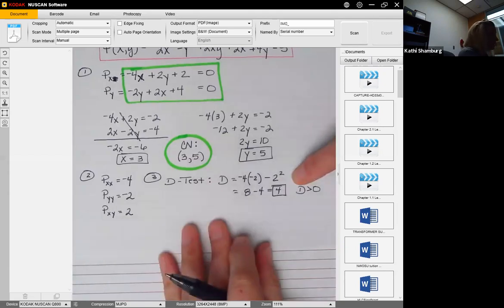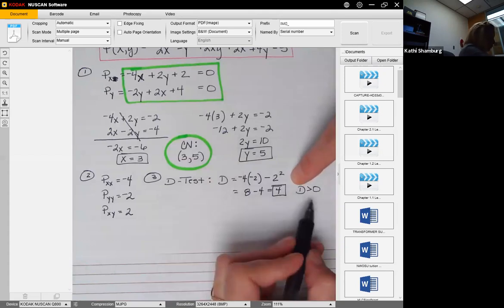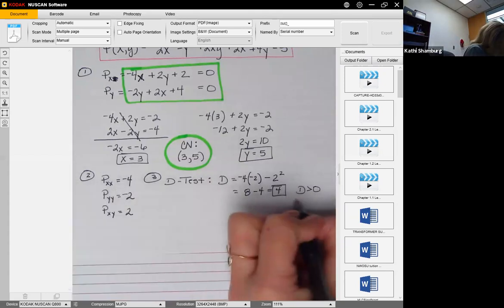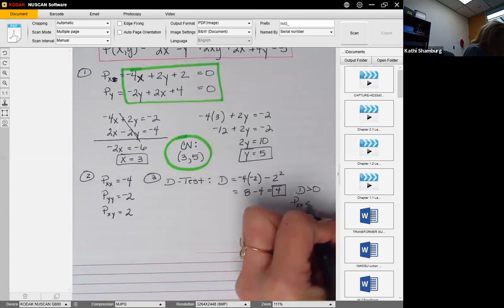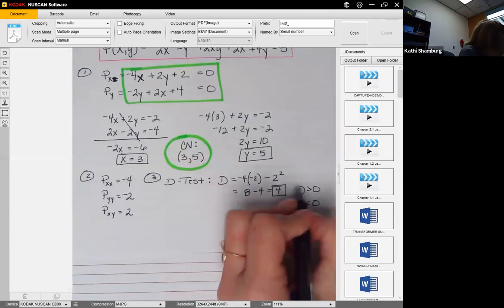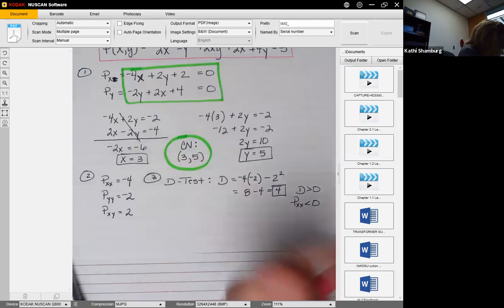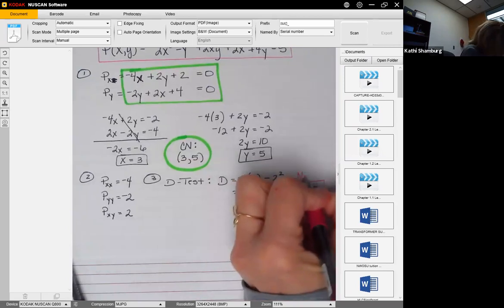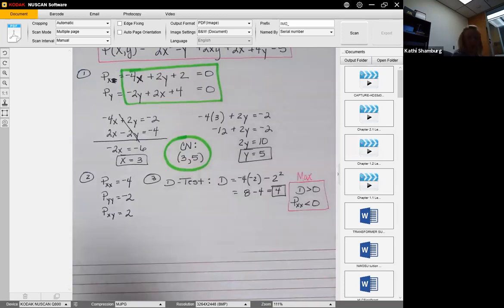What's the other thing that has to be... or I'm sorry, not greater than 0, because if this was greater than 0, we would have a minimum, and we're showing it's a maximum. So P_xx is less than 0. Because these two things occurred, we know our critical number is a maximum.